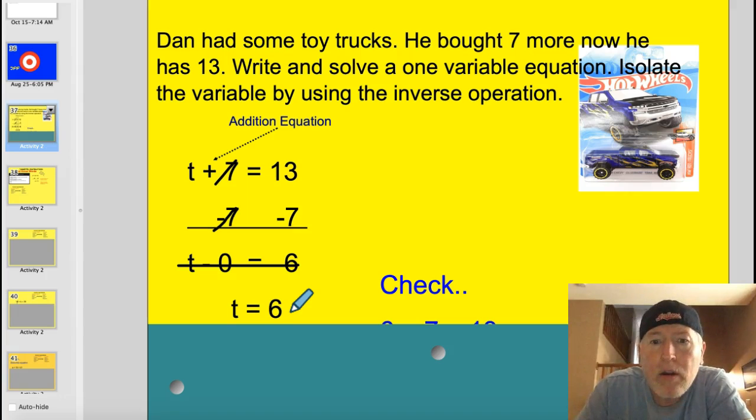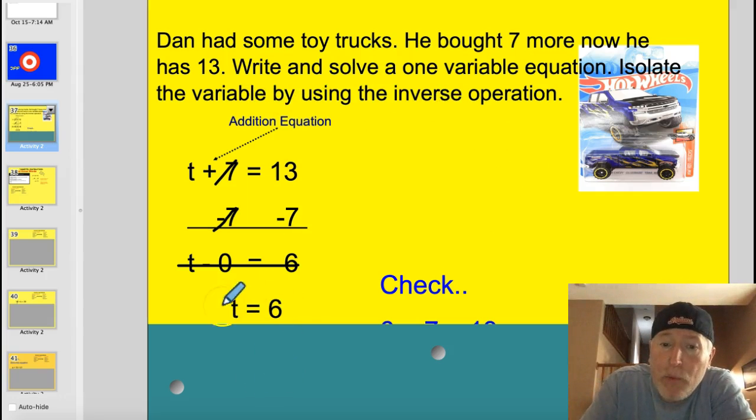I don't care. The numbers are simple. We're using simple numbers so that you learn this process of writing the equation, isolating the variable. We got the variable all by itself, and we use the inverse operation. This is an addition equation. See? So on addition equations, we use subtraction to isolate.